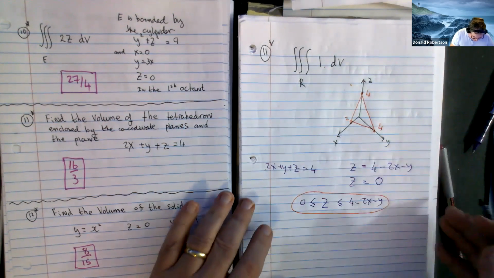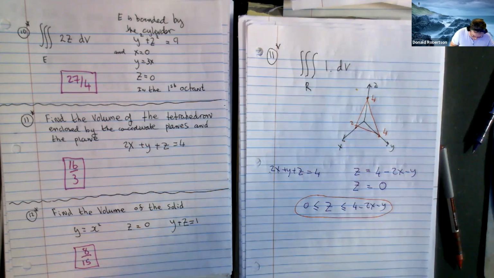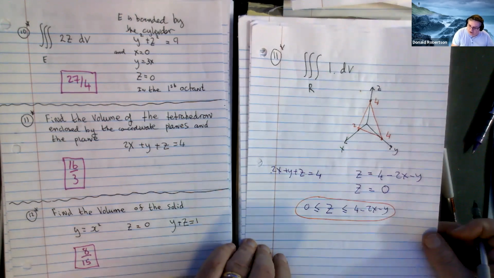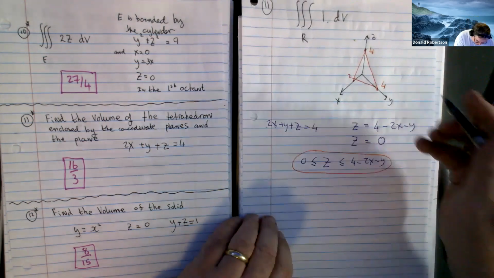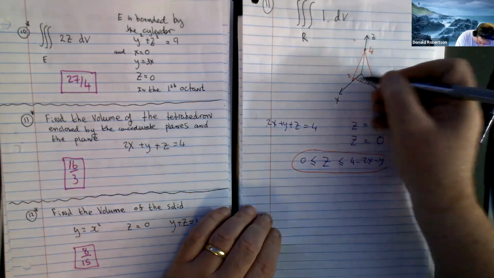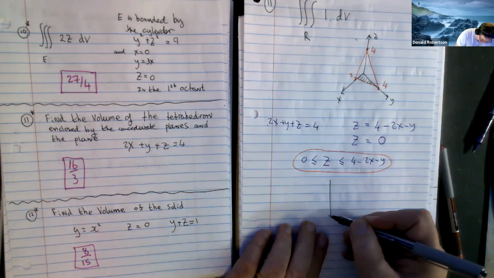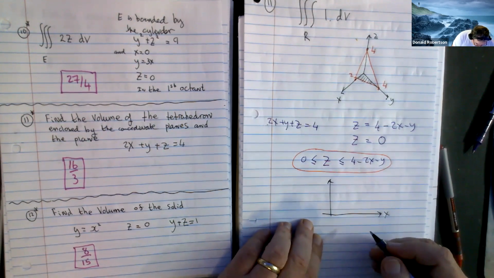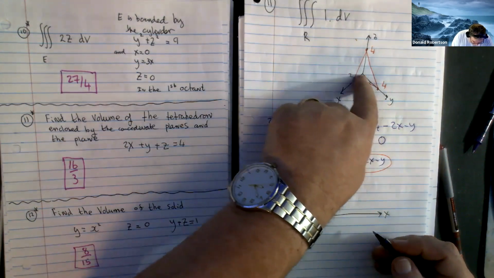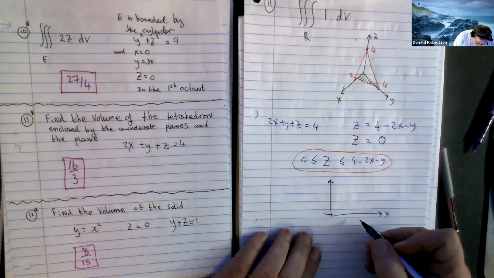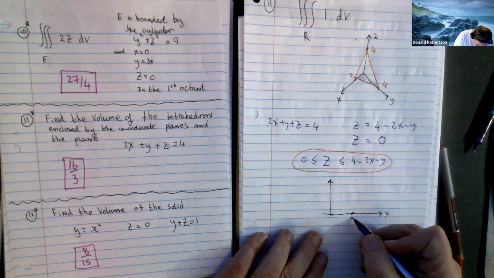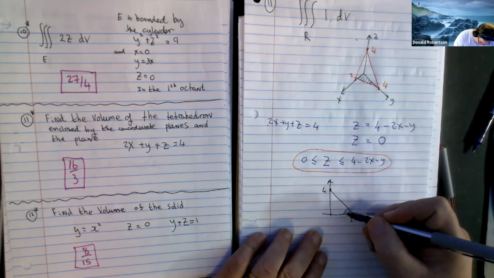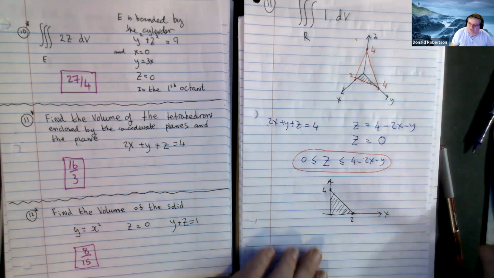So what I'm going to do now is figure out the limits of integration for x and y. To do that, I need to know what the floor looks like. If I redraw the floor, we've essentially got this little triangle here. I know that x is at 2 and y is at 4, and the triangle looks like this, just a different orientation.